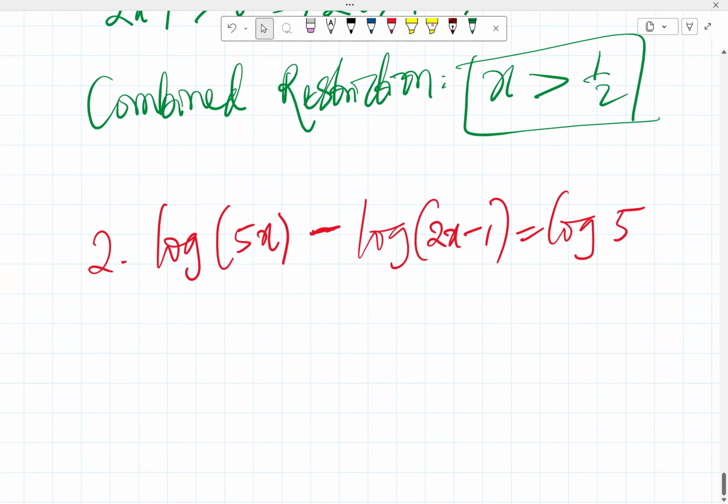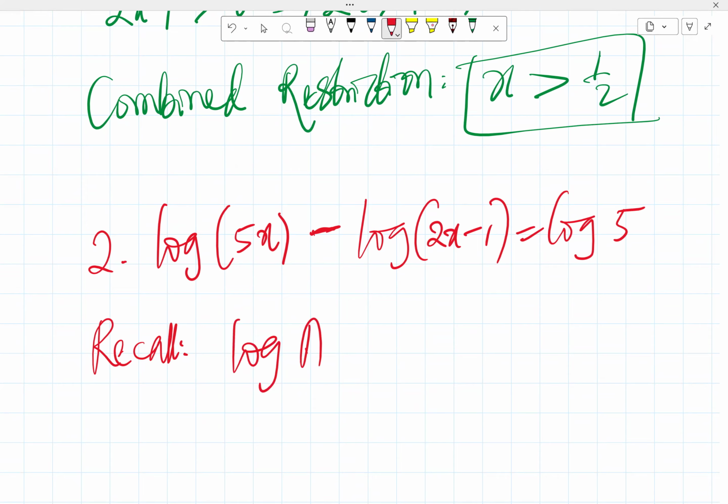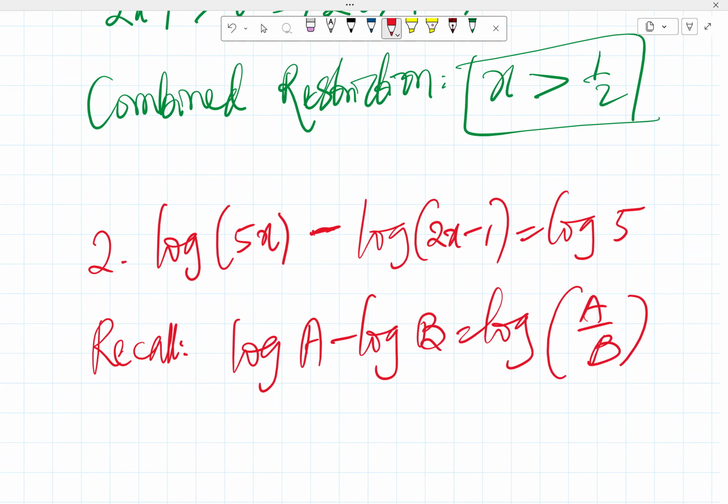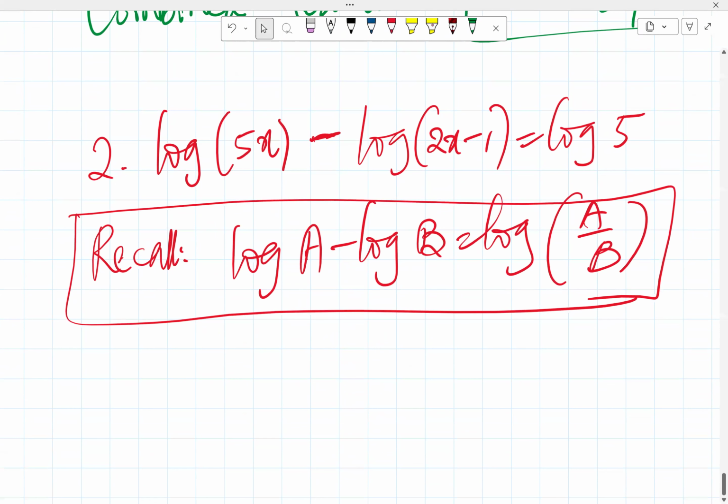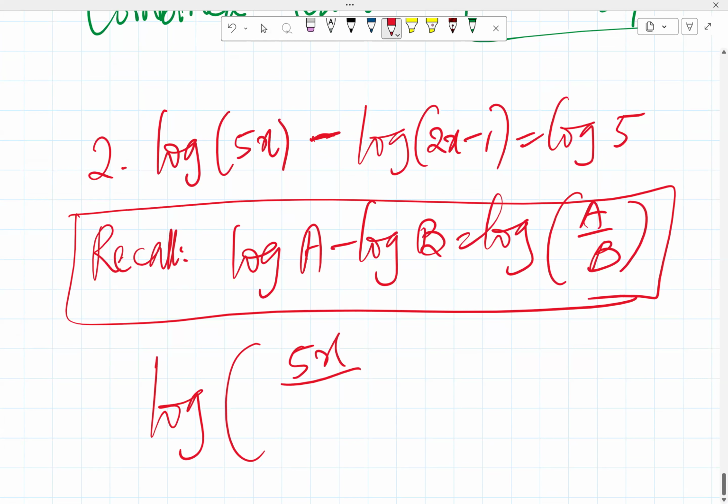You can recall that log A minus log B is equal to log A over B. Okay, we have to recall that. So we can then use that to say that now we have log of 5x all over 2x minus 1, and that is equal to log 5.